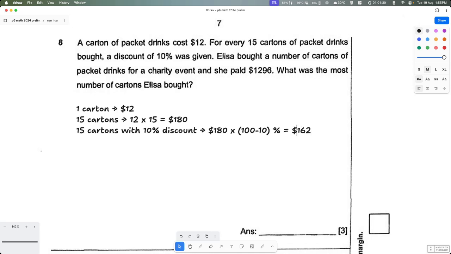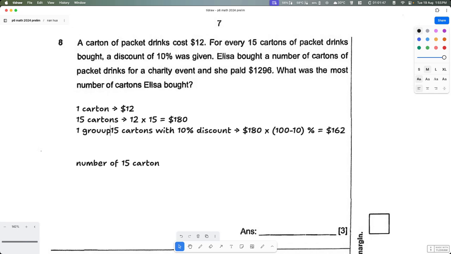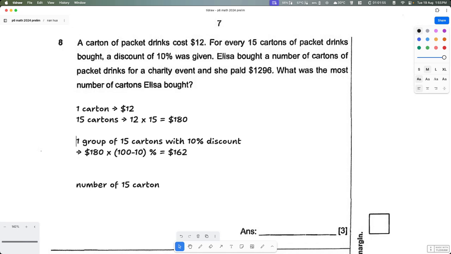$162. Okay, so that's for 15 cartons with 10 discount. So I will say this is one group of 15 cartons. I just put it like this, easier to see.